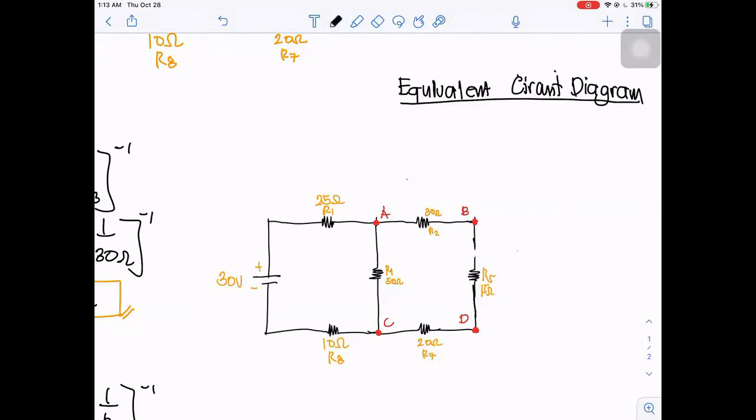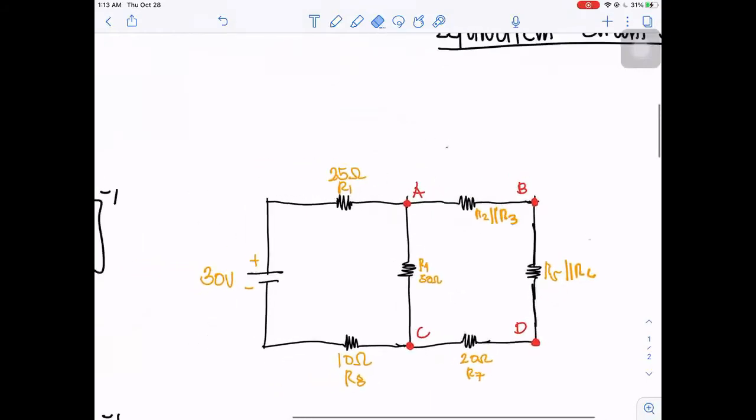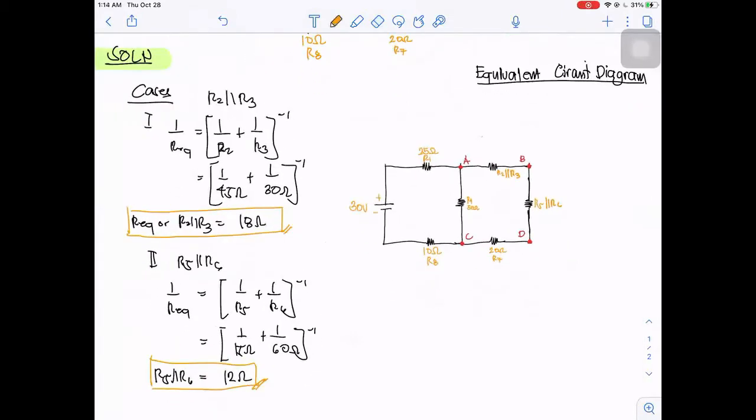Now, this is our R2 parallel R3, and this is our R5 parallel R6, which is equivalent to 18 and 12 ohms. So this is now 18 ohms and this is now 12 ohms.